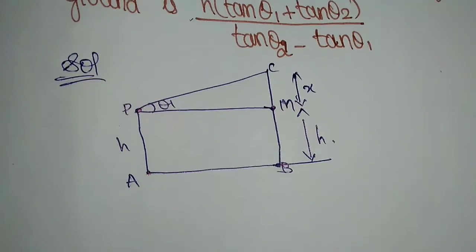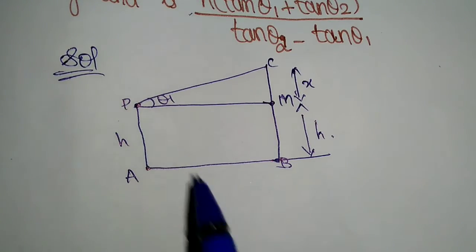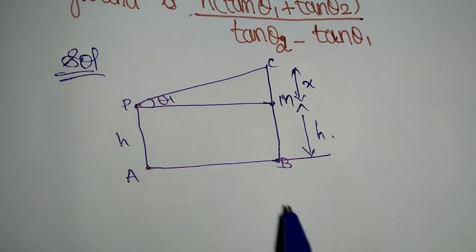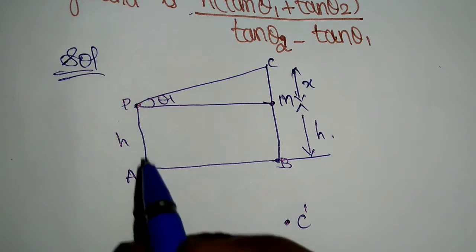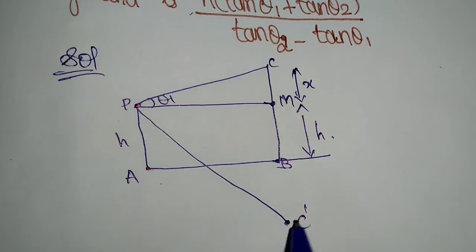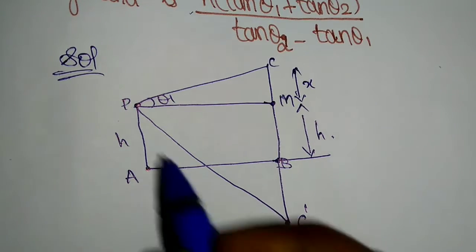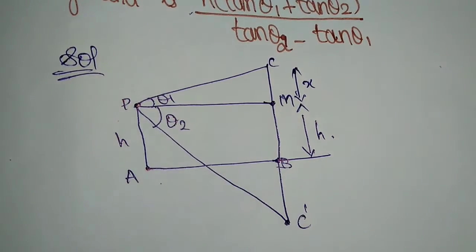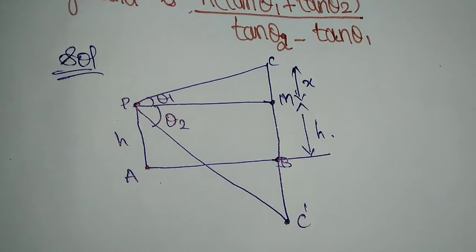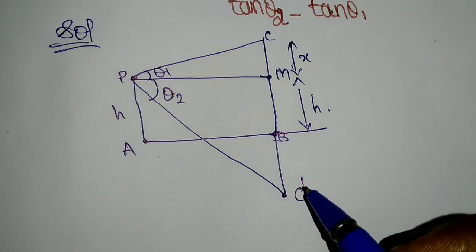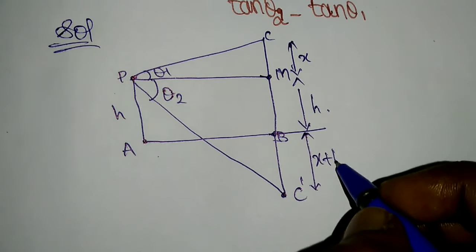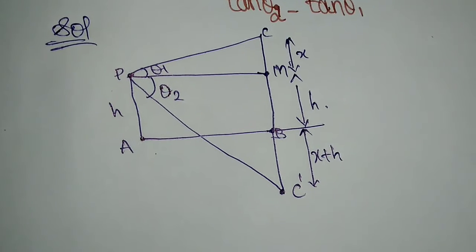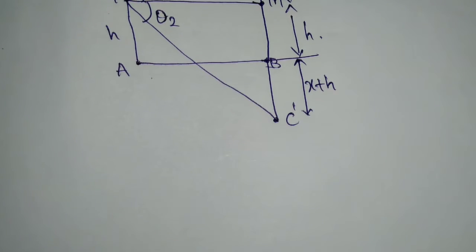Okay, now the angle of the reflection of the cloud in the lake is theta 2. It is the reflection of the cloud, so it is C dash. It is in the angle of depression theta 2. So BC dash is H plus X. Solution.